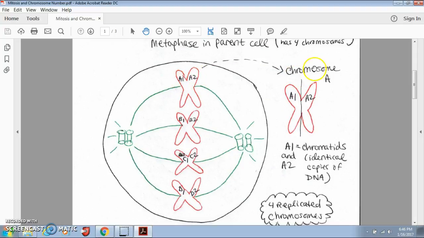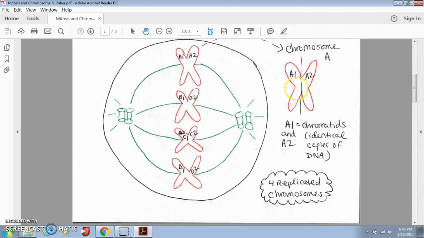So chromosome A has A1 on the left and A2 on the right. A1 and A2 are supposed to represent chromatids, so identical copies of DNA that are joined together at a region in the middle called the centromere, and that makes up a single chromosome.